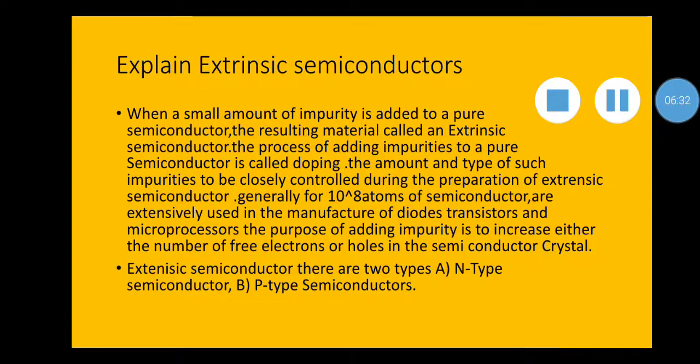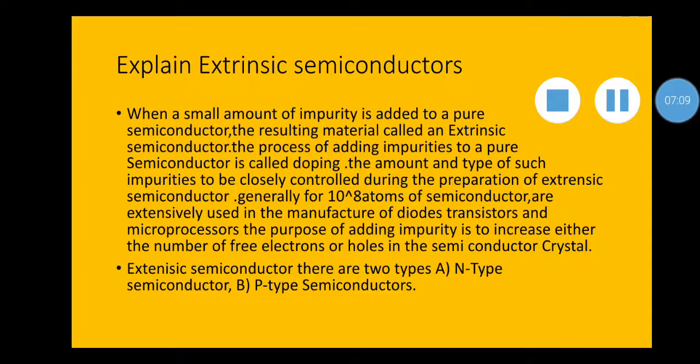When a small amount of impurity is added to a pure semiconductor, the resulting material is called an extrinsic semiconductor. Intrinsic semiconductor is a pure form. Extrinsic semiconductor is impurities added.